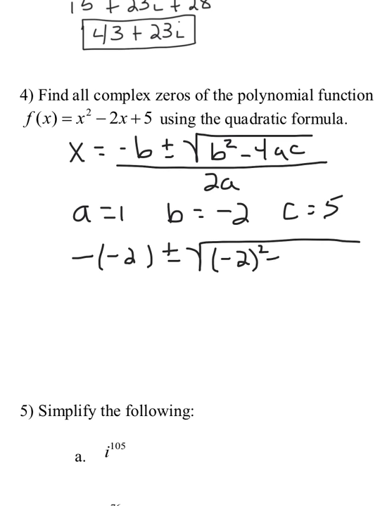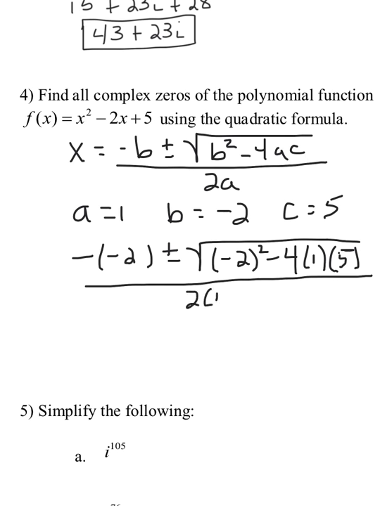Minus 4 times a, and I go ahead and put these in parentheses too, just to be safe, times c, which is 5. All of that over 2 times a, which is just 2 times 1.